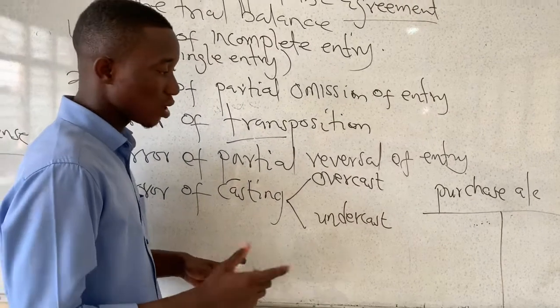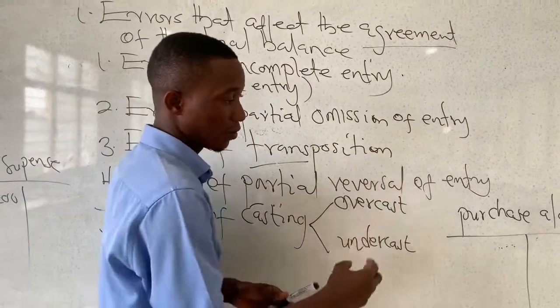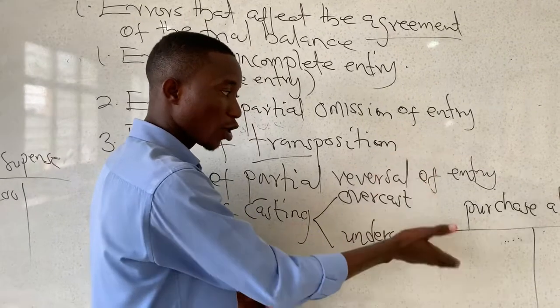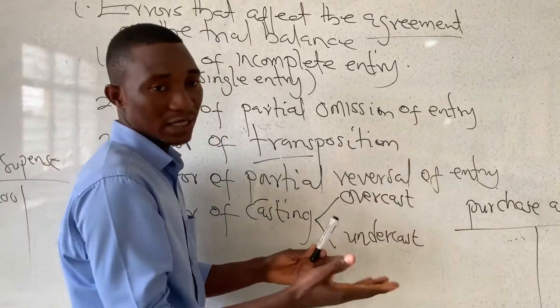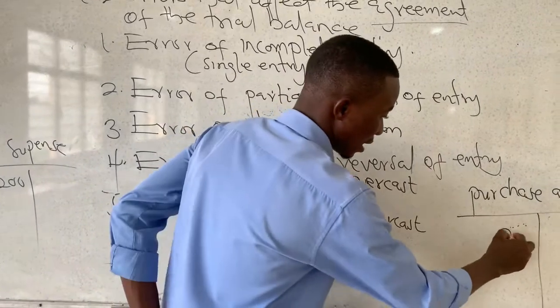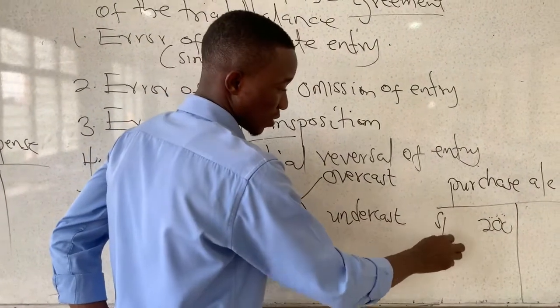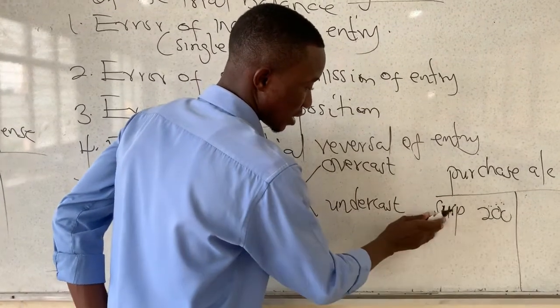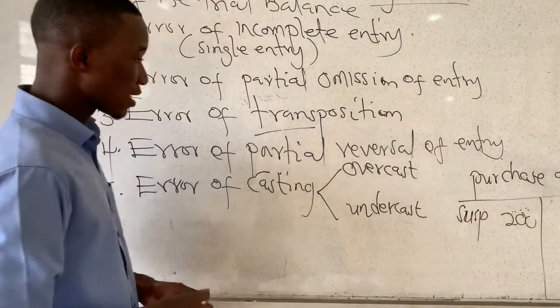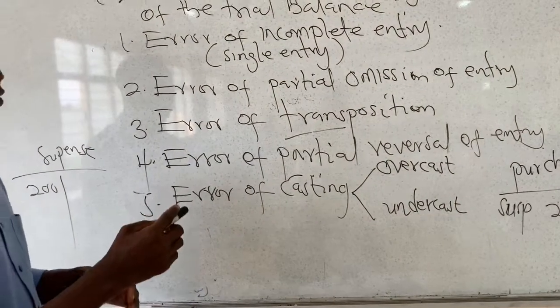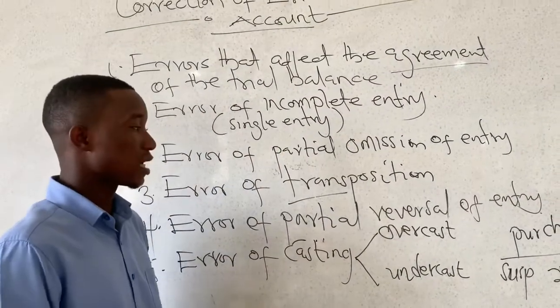So what we're supposed to do is top it up. By topping up the purchase account, since it has a debit balance, we record it at the debit side, 200 cedis in the name of suspense account, so that the corresponding entry will go to the credit side of the suspense account.